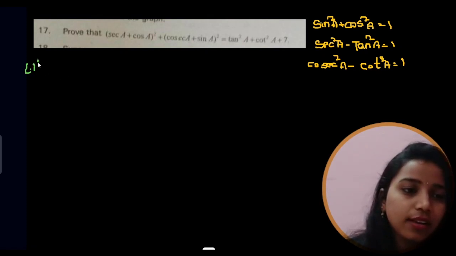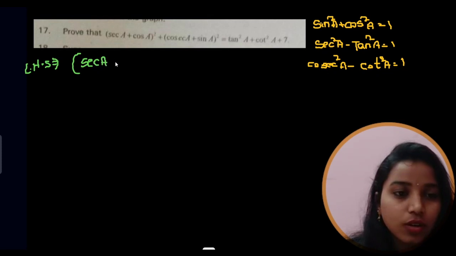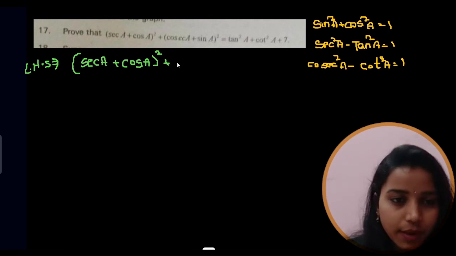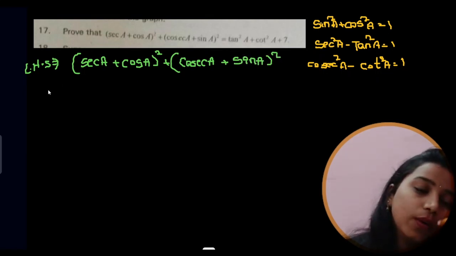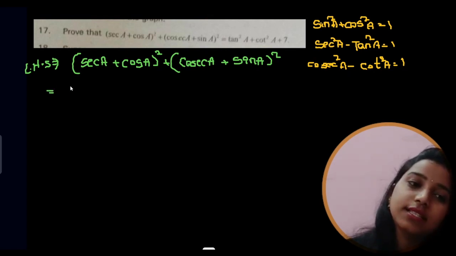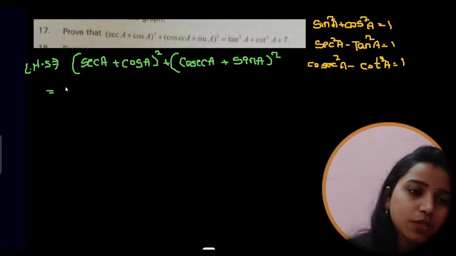And coming to here, what is the LHS here? Anyway, in any equation in proof questions, we start with the LHS, right? So what is it? Secant a plus cos a whole square plus cosecant a plus sine a whole square, right? Now here we know the relation between cos and sec. What is it? Simply they are reciprocals, right? Just substitute the values.